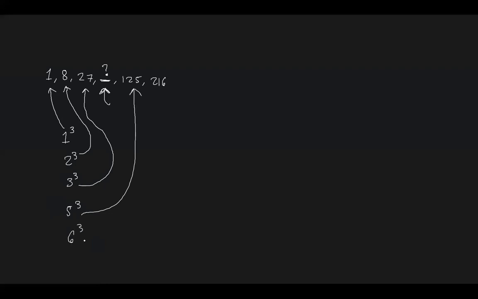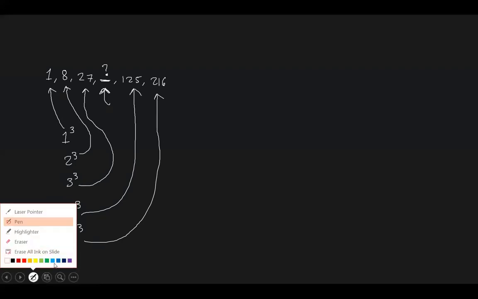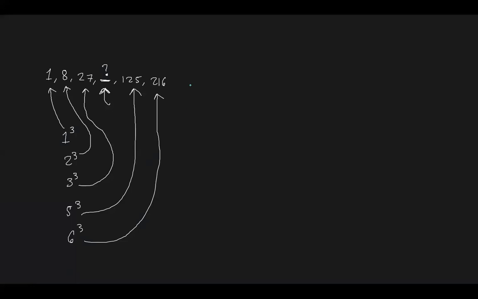And 6 raised to 3 is 216. So we have 1 raised to 3, 2 raised to 3, 3 raised to 3, blank, 5 raised to 3, and 6 raised to 3. All right? So if you notice, 1, 2, 3, blank, 5, 6.